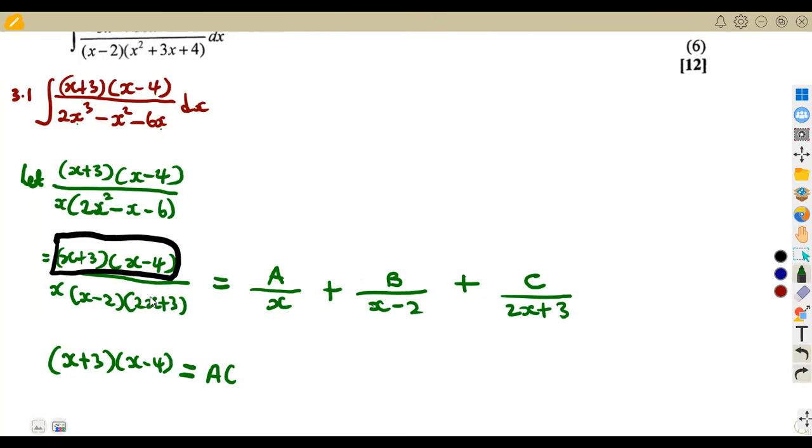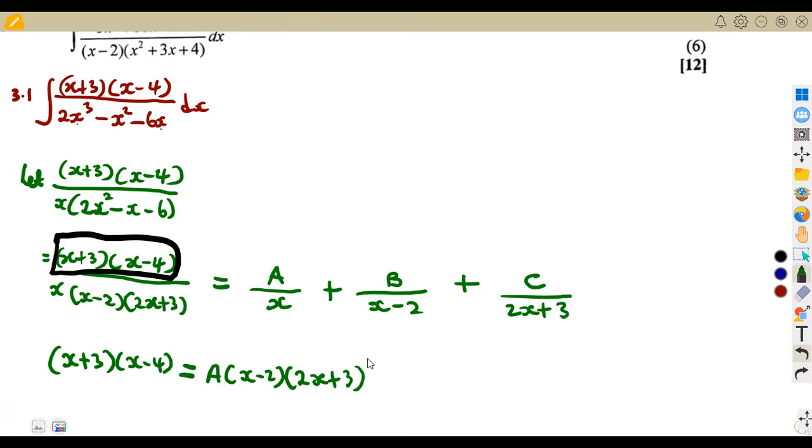Remember, these were taken from here. So you divide back, the x and the x will cancel, meaning to say you remain with these 2 brackets, the bracket of x minus 2 and the bracket of 2x plus 3.